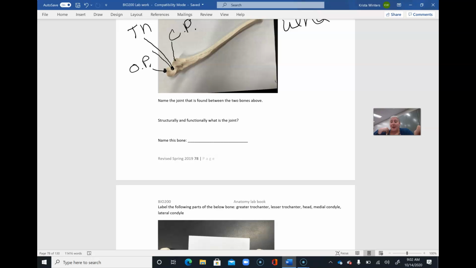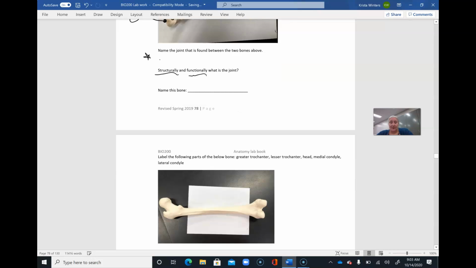I'm not going to give it away. I did it on the upper one, but I'm going to have you look. In chapter 9, you should find what the joint is called, okay? So it's both structurally, what is it composed of, and functionally, how does it move, okay? And then the name of that joint you should find as well, okay?